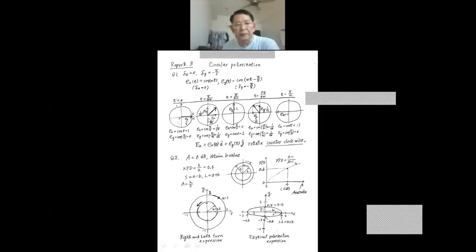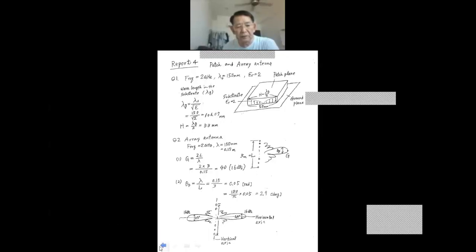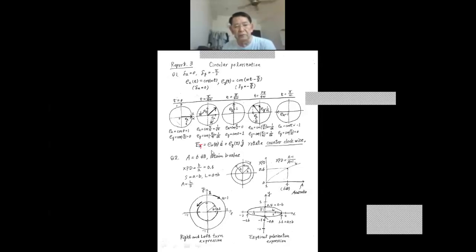So with this Ey value and this Ex value, the total becomes this direction. This is the total E field.